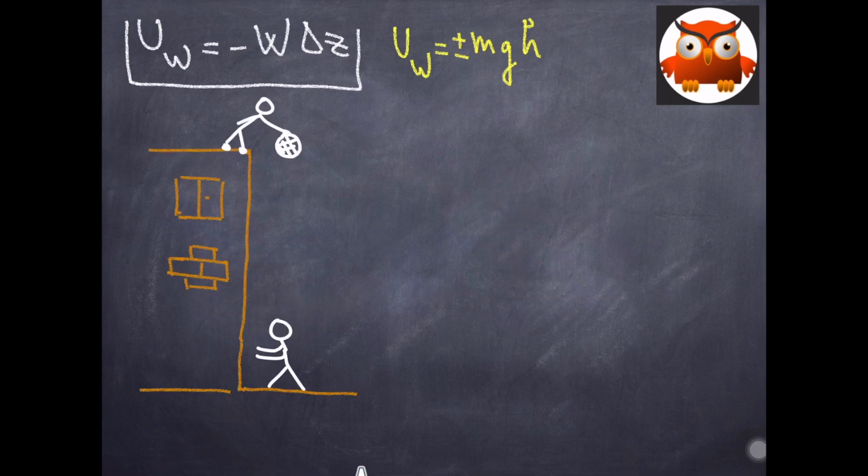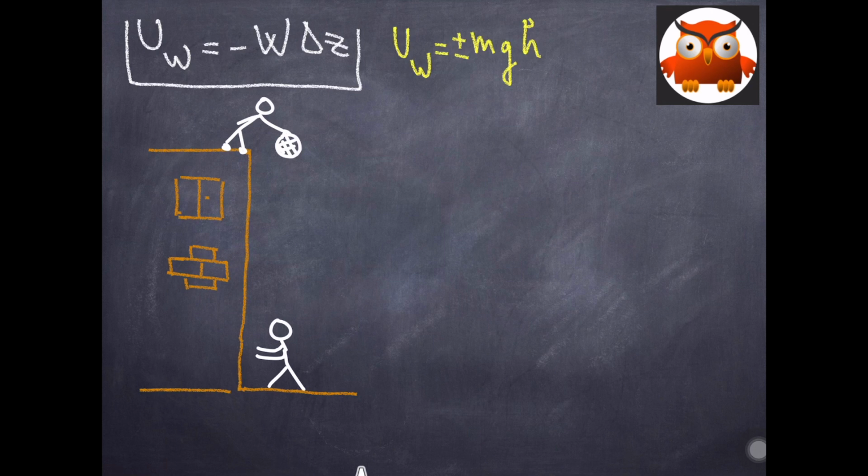So let's consider now another case which I find really interesting and which explains very well the choice of the sign in front of the work done by the weight. Imagine there is someone at the bottom of a building expecting somebody to send a ball, and that person is on top of the building.